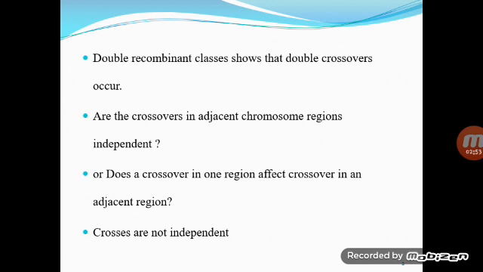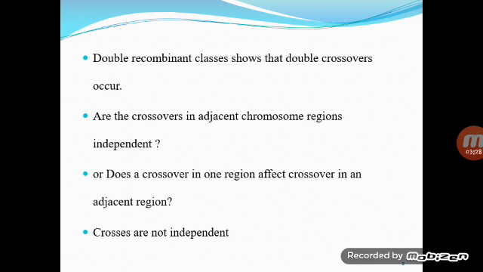The detection of double recombinant classes shows that double crossovers must occur. Knowing this, we can ask, are the crossovers in adjacent chromosome regions independent, or does a crossover in one region affect the chances of there being a crossover in an adjacent region?